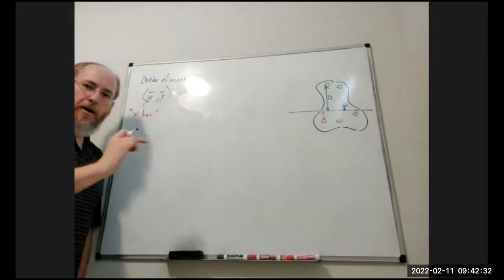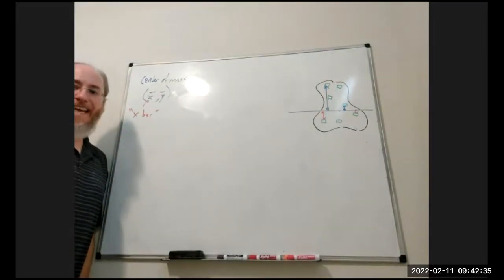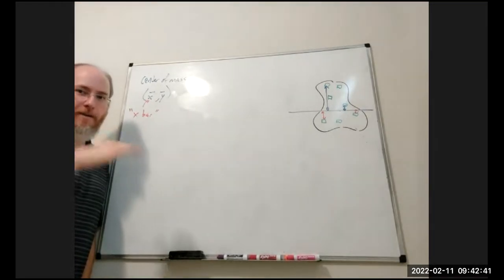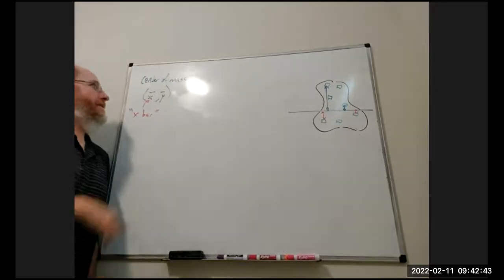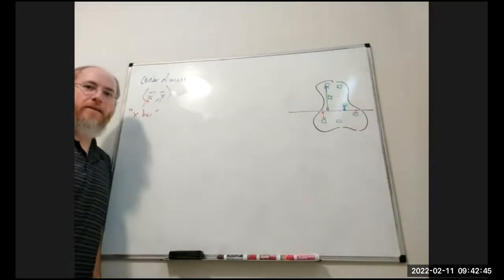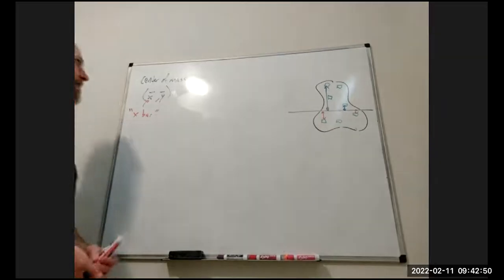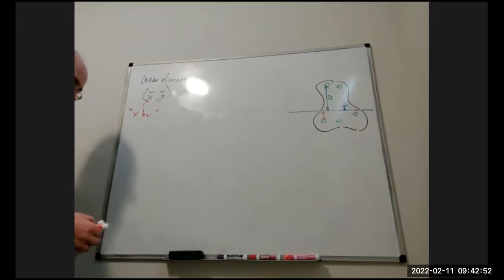So it just has a little bar across the top. If you've taken statistics, you may recognize that as mean. We do the same thing when we talk about means or averages. And so basically, this is the average X, and this is the average Y. All right, so we're going to label them X bar and Y bar.